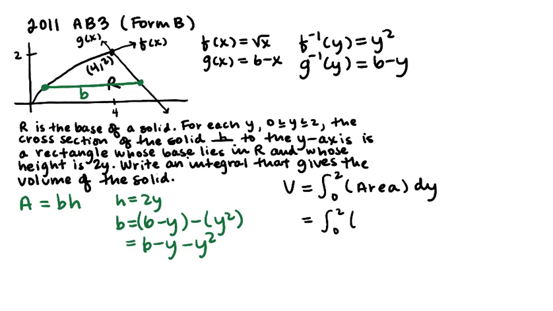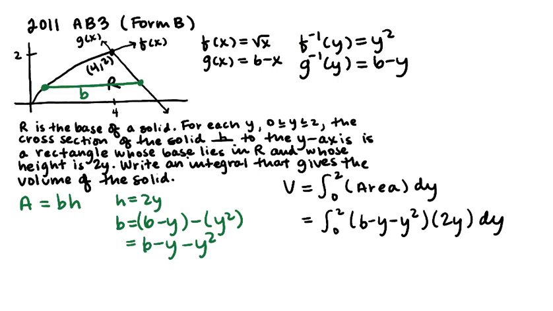So the base is 6 minus y squared. The height is 2y. They told us just to write an integral but not evaluate it, so that's where we're going to stop. But this is definitely the kind of integral that we could go ahead and take if we really had to. It wouldn't be too bad.